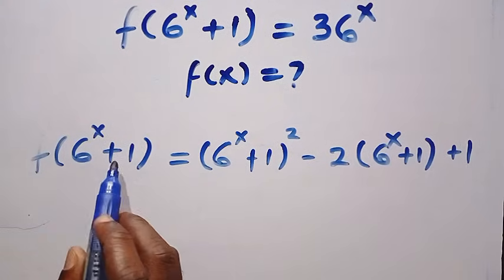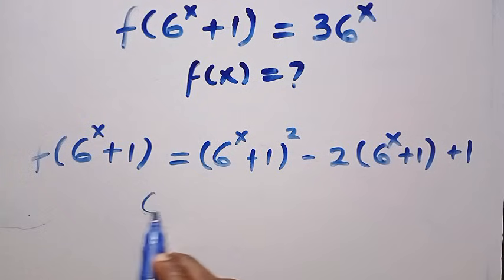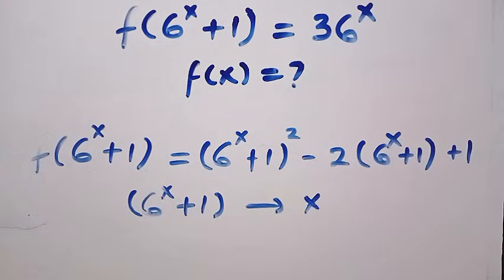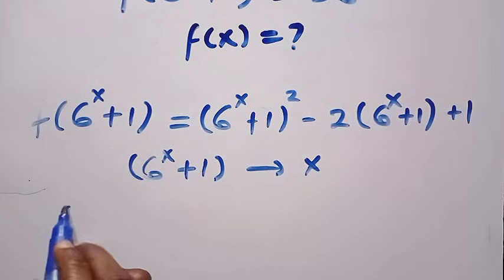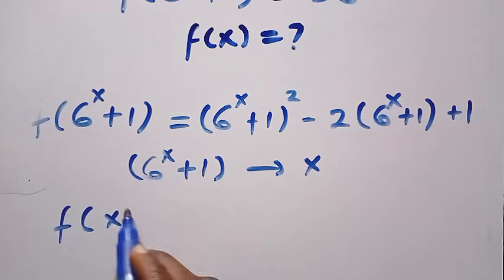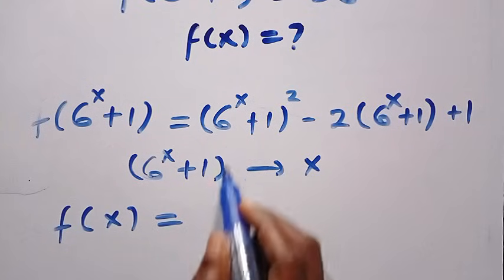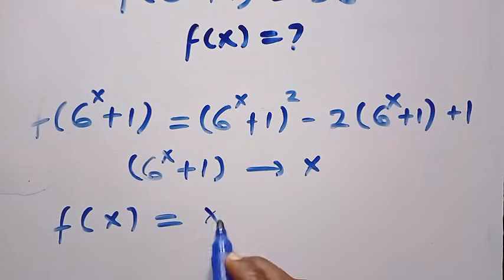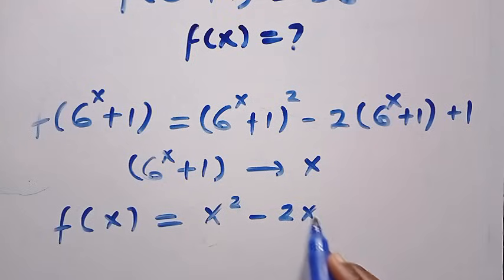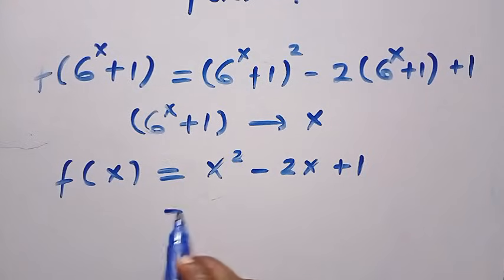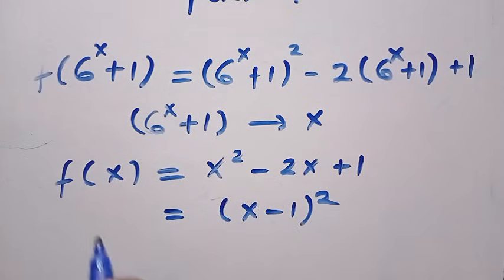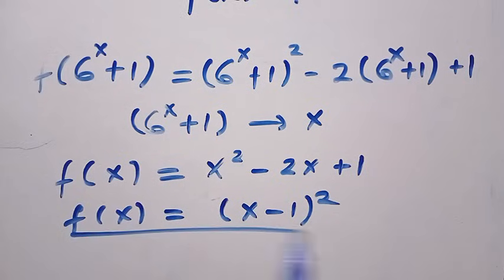So since we have 6 power x plus 1 here, let's replace 6 power x plus 1 with only x, or you can just choose letter t as well if you like. So therefore we have f of x equals x raised to power of 2 minus 2x plus 1. So this is what we have. And similarly, everything here is x minus 1 raised to power 2. This is for f of x.